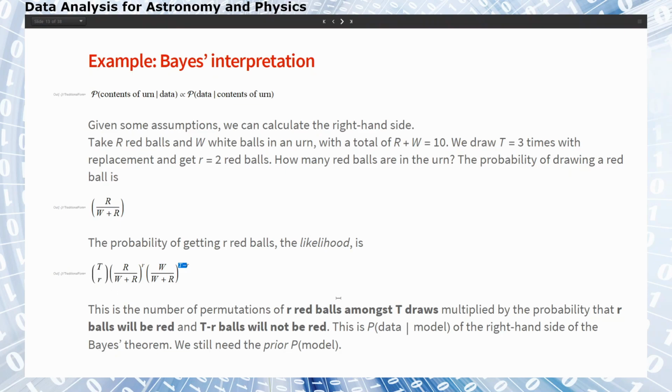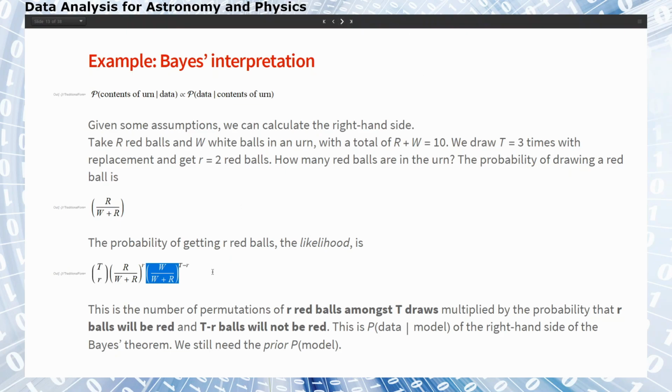So this is the number of permutations of r red balls from t draws, given here by the binomial coefficient. And this is the probability to get our data, namely 2 red balls and 1 white ball, given our model. Our model is given by these 2 expressions.